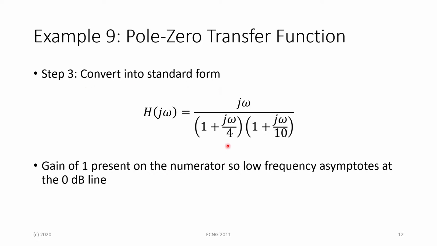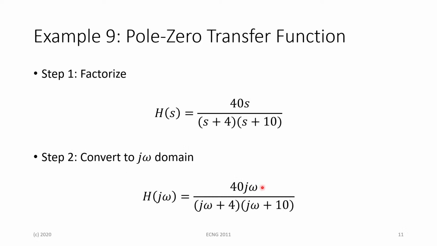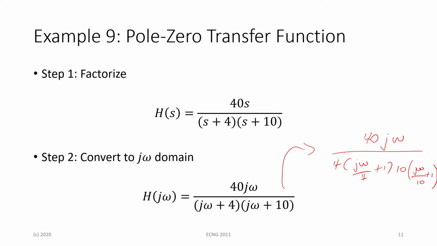So when we do this conversion and the standardization, this equation here will now become 40 j omega divided by 4 times (j omega divided by 4 plus 1), and then 10 here times (j omega divided by 10 plus 1).